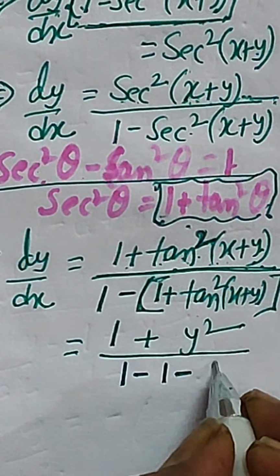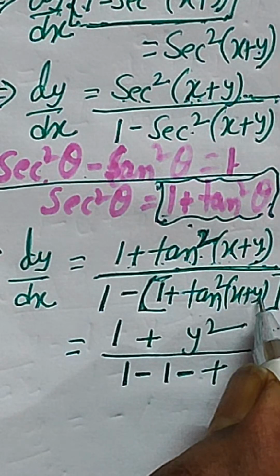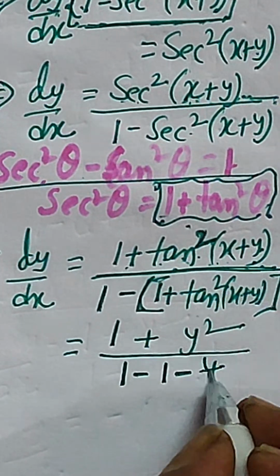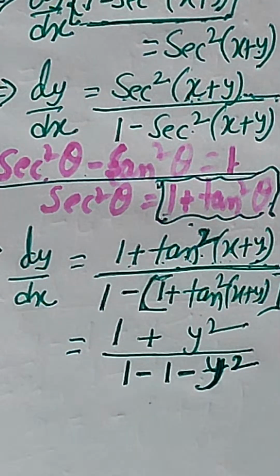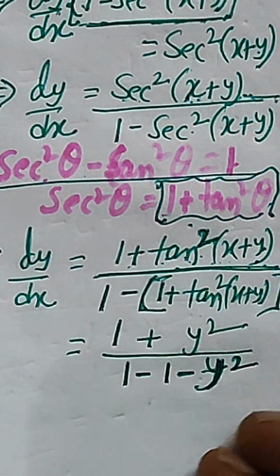And into the denominator also it will be 1 minus tan square x plus y, which will be the same as in the numerator, y square, right? Okay.